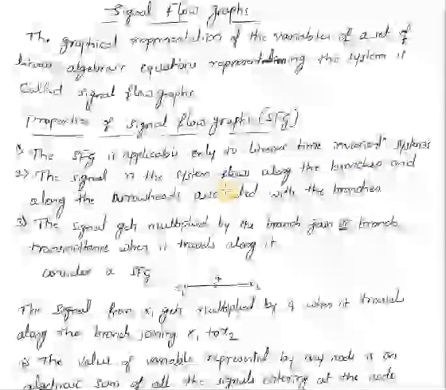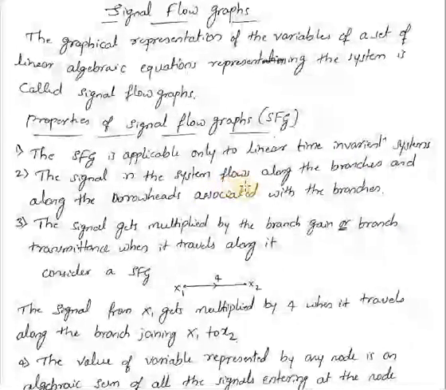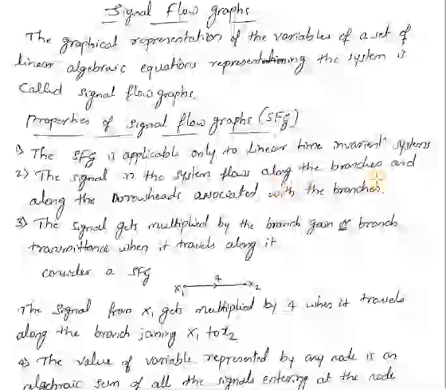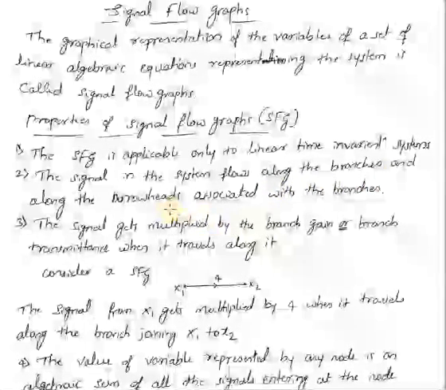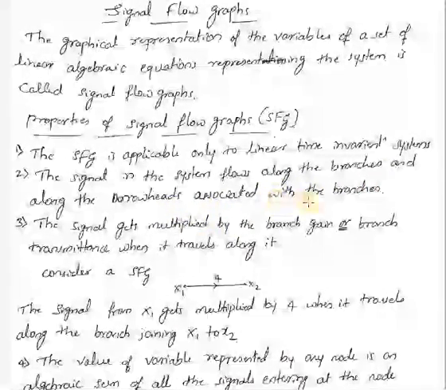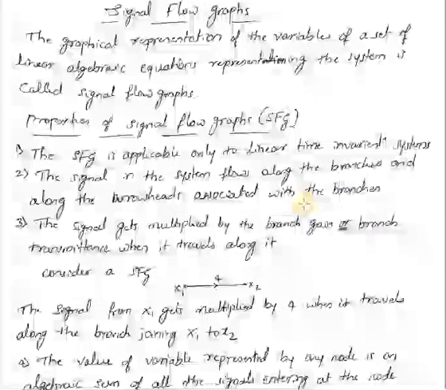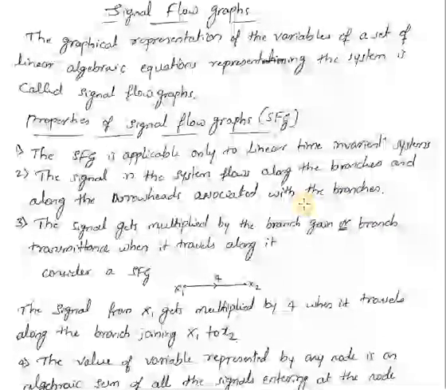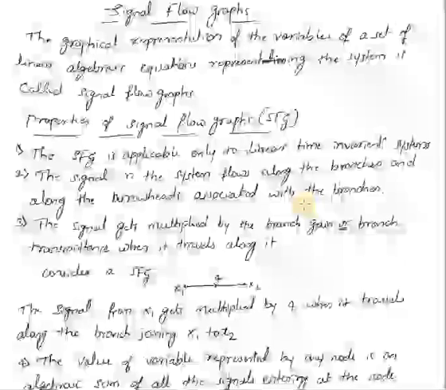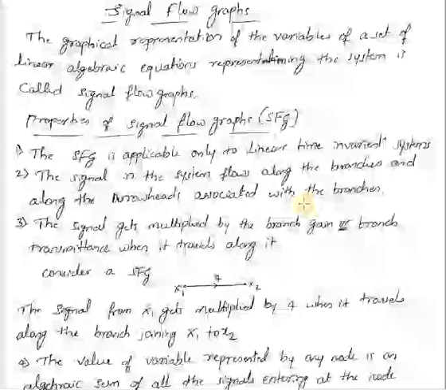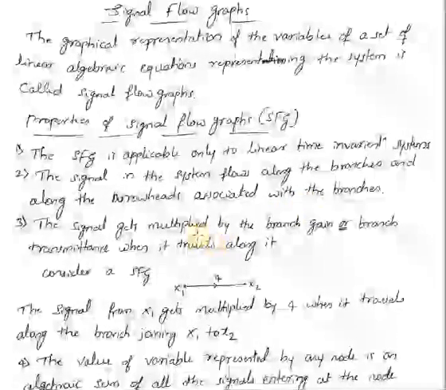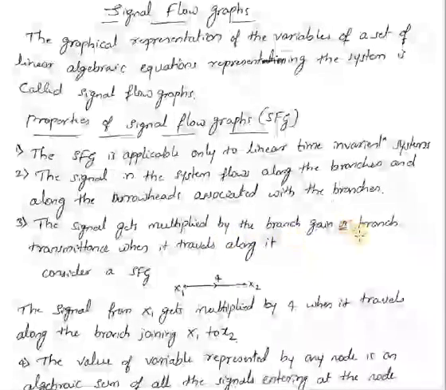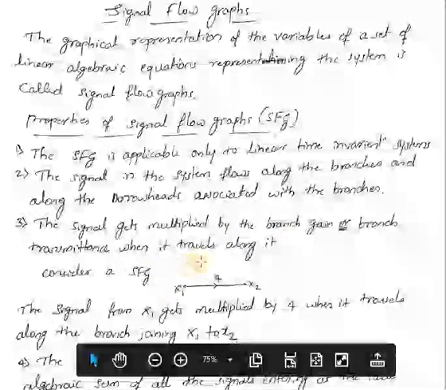The second one is that the signal in the system flows along the branches and along the arrowheads associated with the branches. So the direction of the signal depends upon the direction of the arrows, and it flows along the branches. And the signal gets multiplied by the branch gain or the branch transmittance when it travels along it.